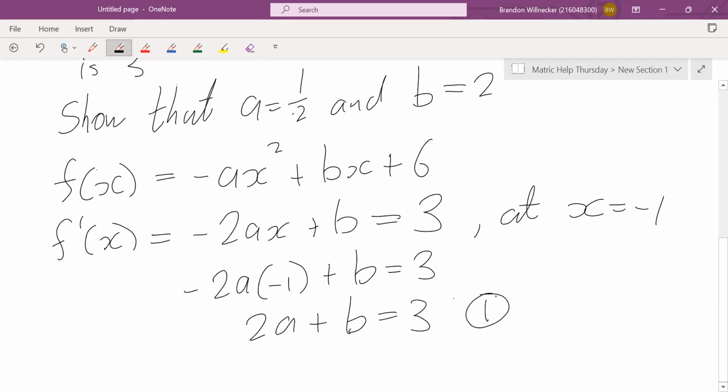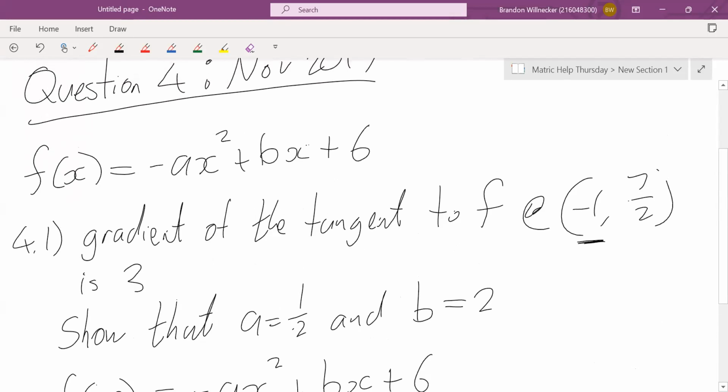Now we need another equation. Well, we know that f passes through this point. Because if that's the tangent point, it's also a point on the curve. So we can take this point and substitute it into our equation, and we get an equation 2.